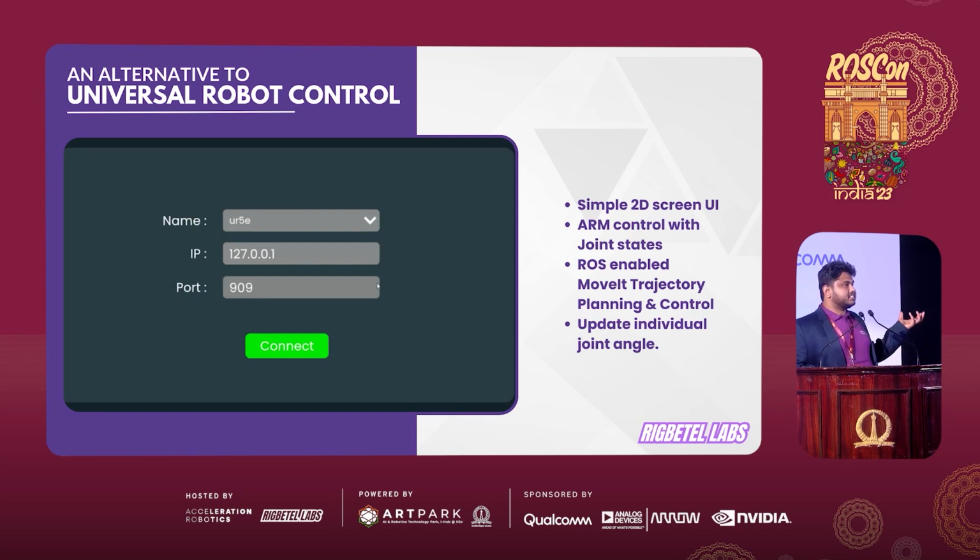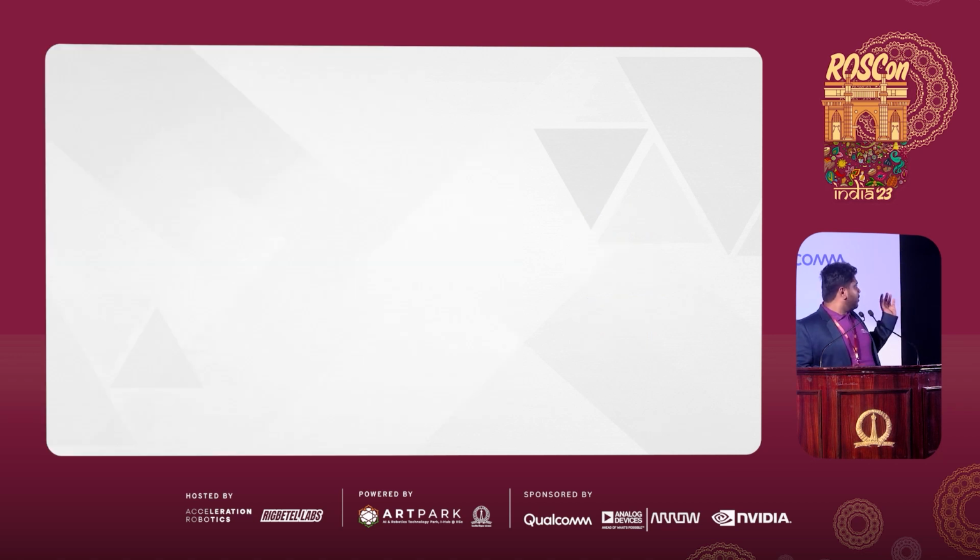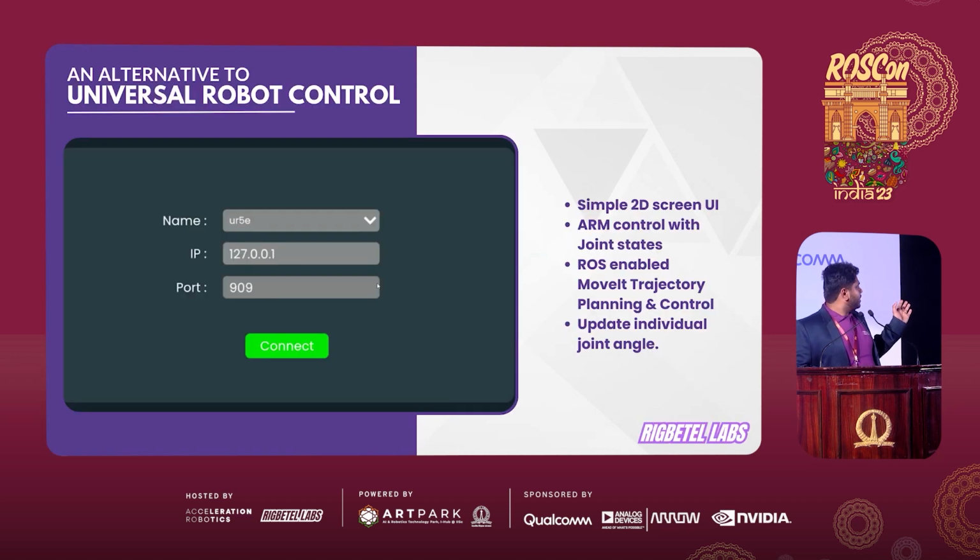But some of our clients do not need those things. What they want is their own solutions. So we had replicated the exact same thing with MoveIt. So we had integrated ROS into the robotic arm, and we are trying to achieve the exact same with the UR5 over here. So you'll be able to see we are connecting with a specific name, IP and port.